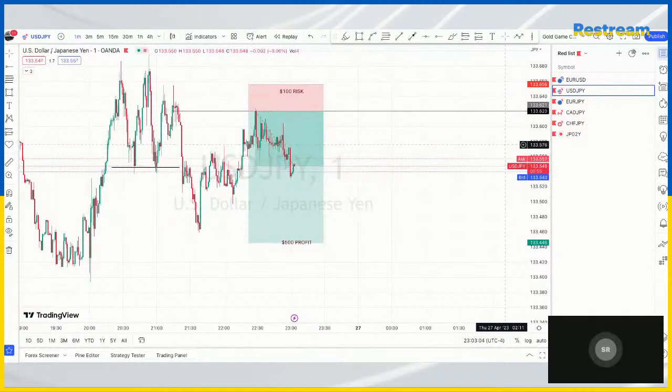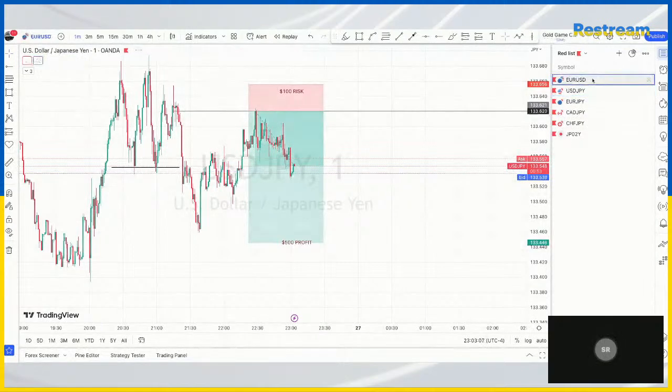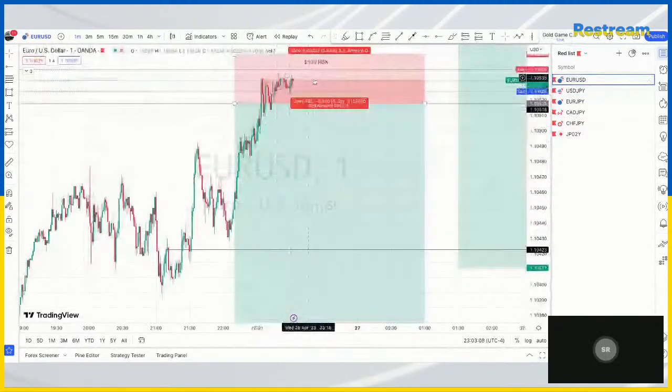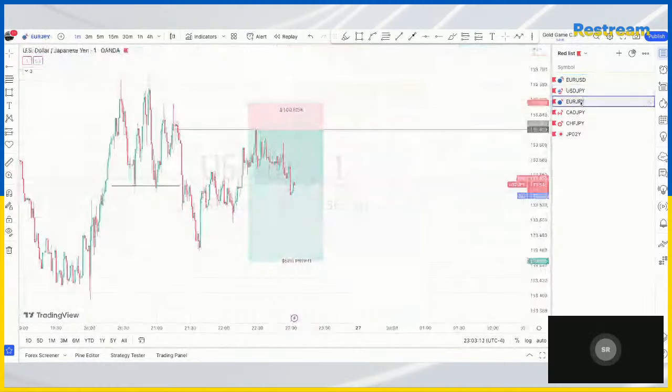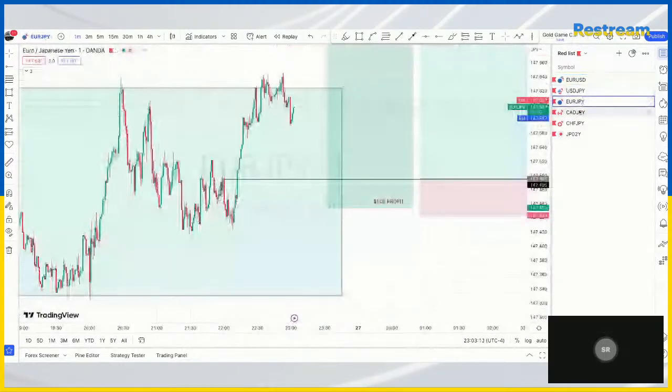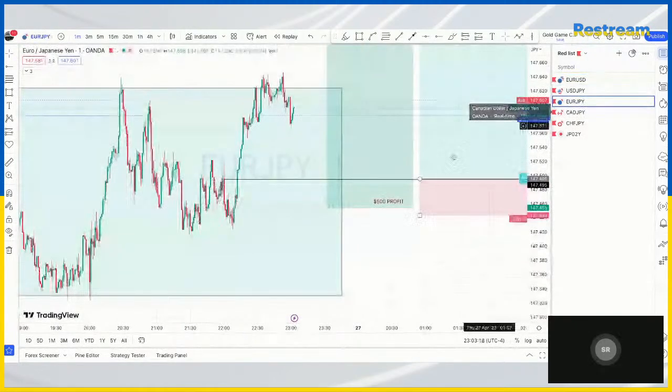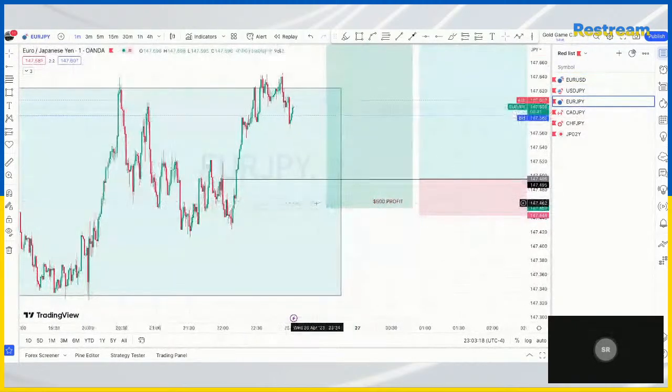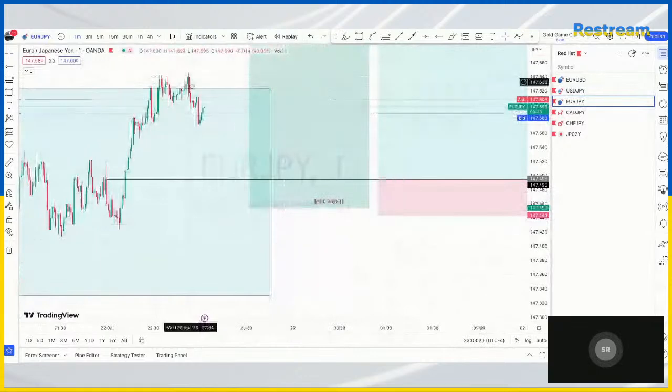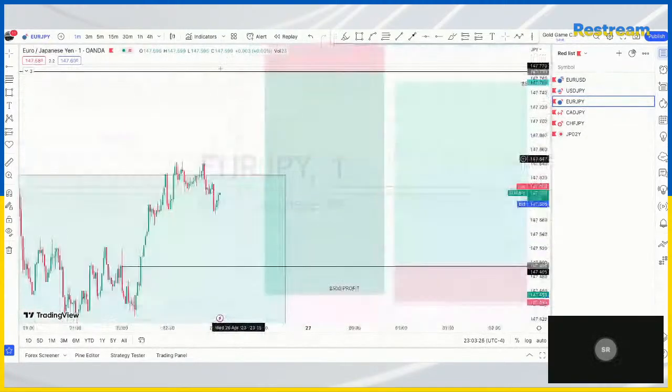So anyway, I might just review them again, right? This one's still in drawdown. USD JPY is in profit. Euro JPY is basically doing the same thing. It's just playing around in there. Here's a good trade in here. I do have those trades up there, which I'll just wait for.